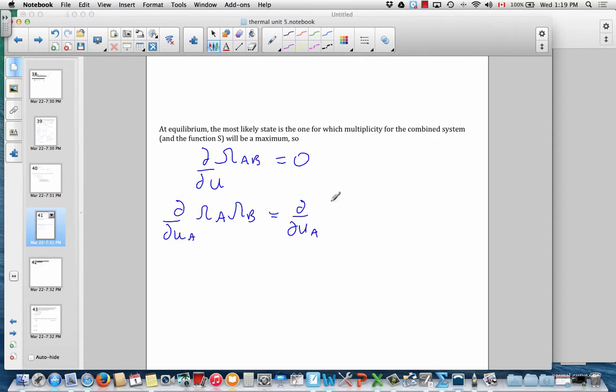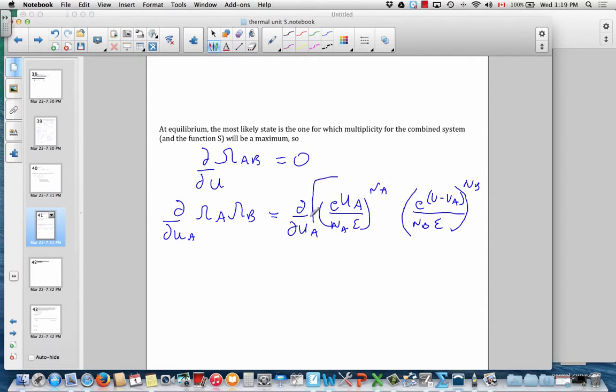So this was eUA over NA epsilon to the NA, and then this is going to be eUB, but I'm going to write that in terms of UA, so that was the internal energy in block B, all to the number of bonds in block B.